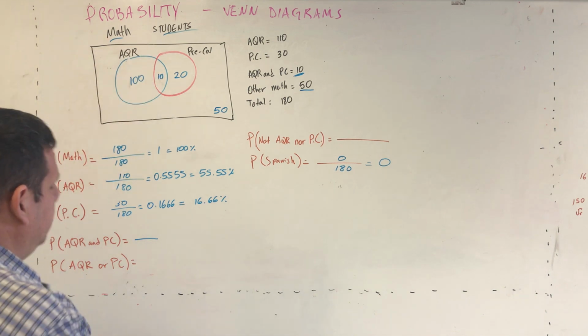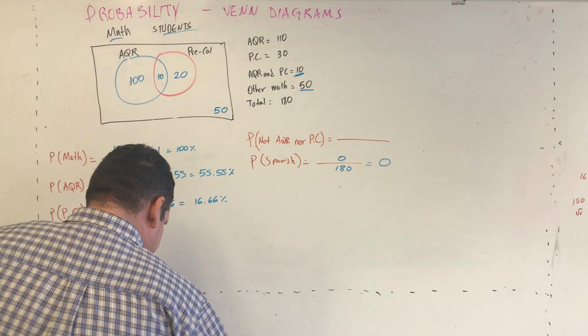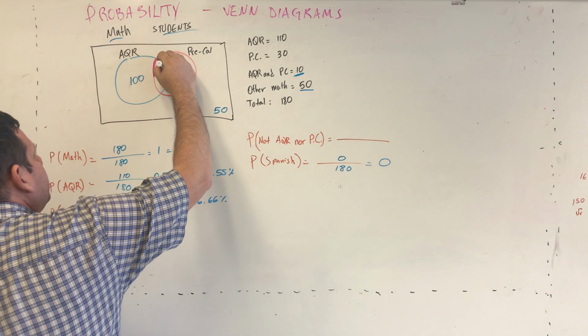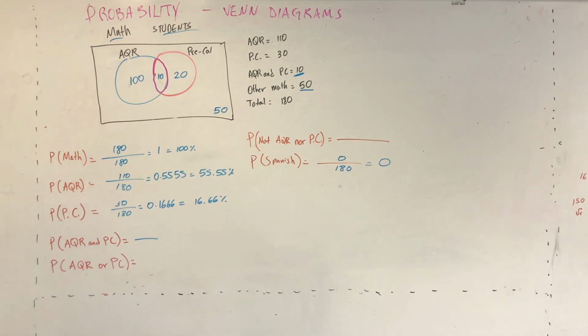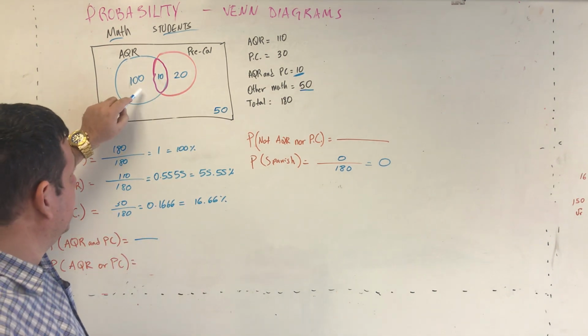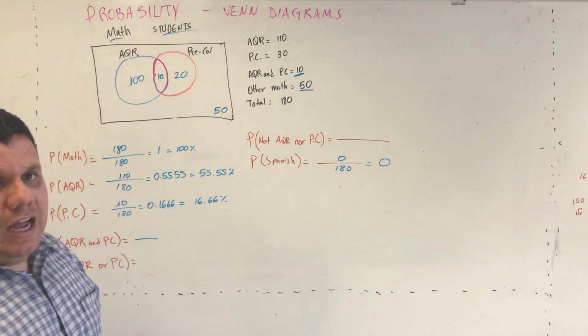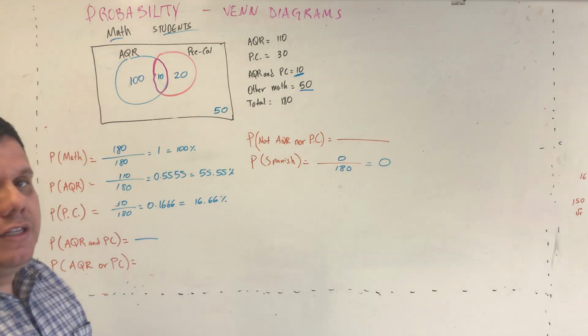Now the students taking AQR and precalculus, okay, remember the intersection. In this place, I will mark it with a different color. This intersection contains students taking this AQR and this precalculus, okay? So how many students are taking AQR and precalculus at the same time?